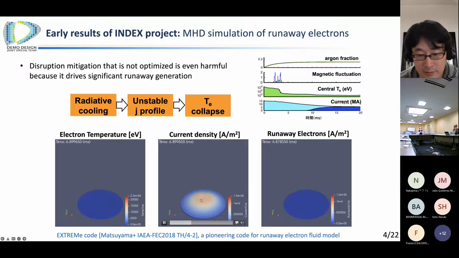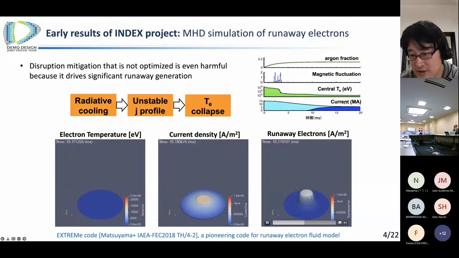This strong electric field can drive the runaway current, especially on the relatively slow time scale associated with the avalanche amplification from close collisions between high energy electrons and thermal electrons. Finally, a significant beam compared to the initial plasma current can be carried by the runaway electrons.